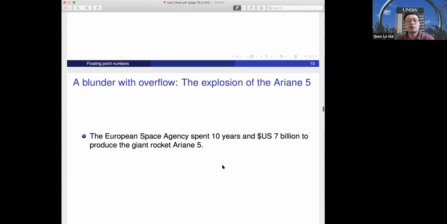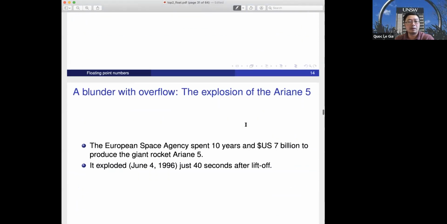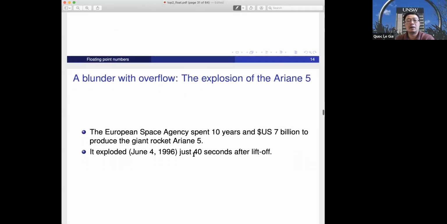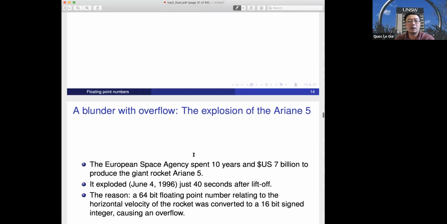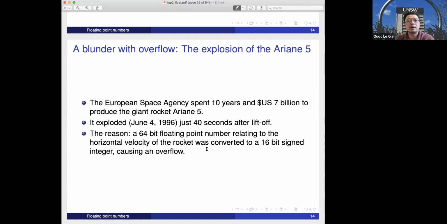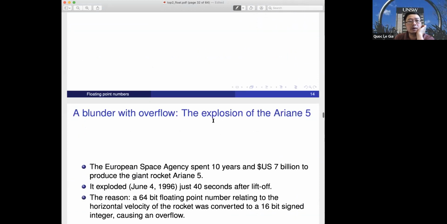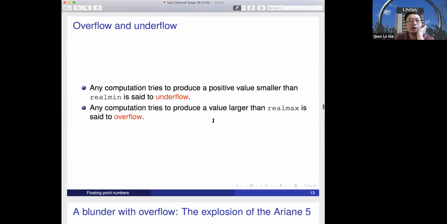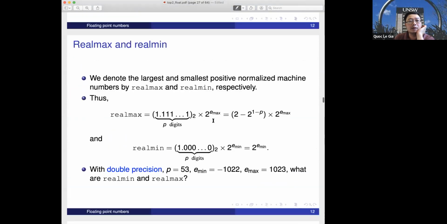When they launched a rocket back in 1996, they misunderstood the conversion between single precision and double precision numbers, and it caused the explosion of the rocket. You can read about this in the lecture notes. We have to stop here because we run out of time, but you can read the stories in the lecture notes, and there are videos on YouTube that explain the incident in more detail.